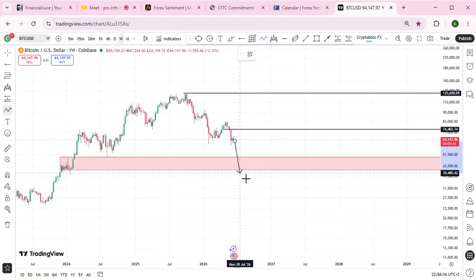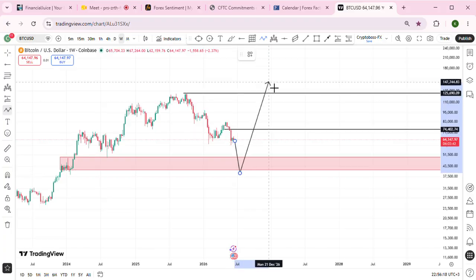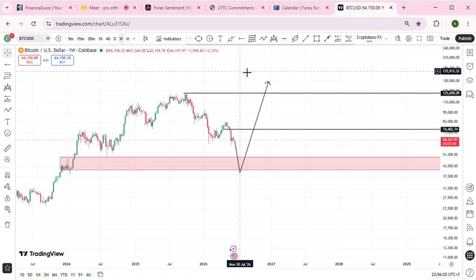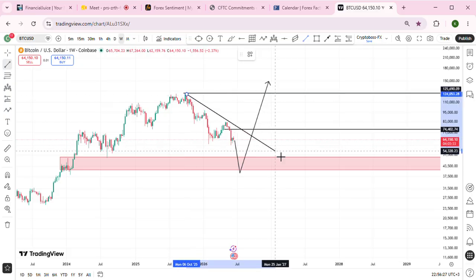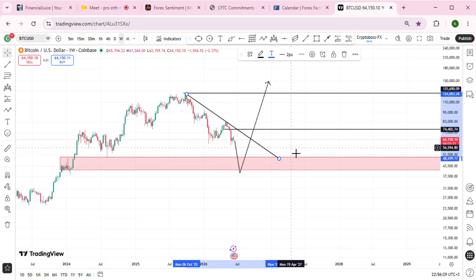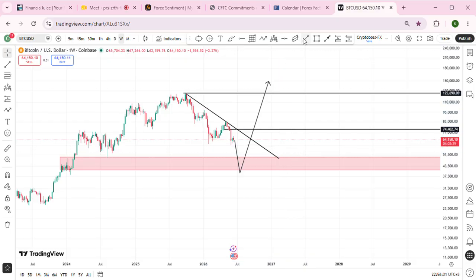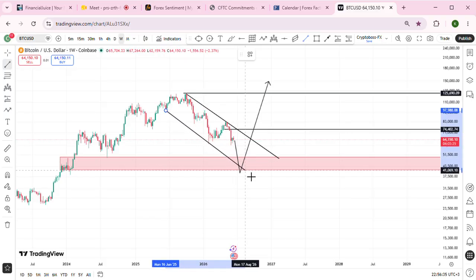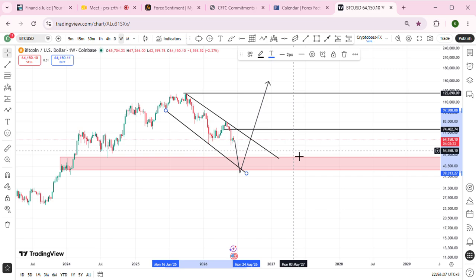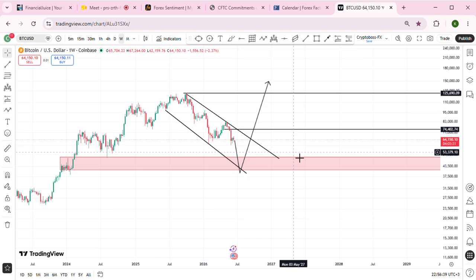I'm watching that zone. Don't forget, this is weekly time frame. We will be dropping to the lower time frames now. The market has been having this downtrend.